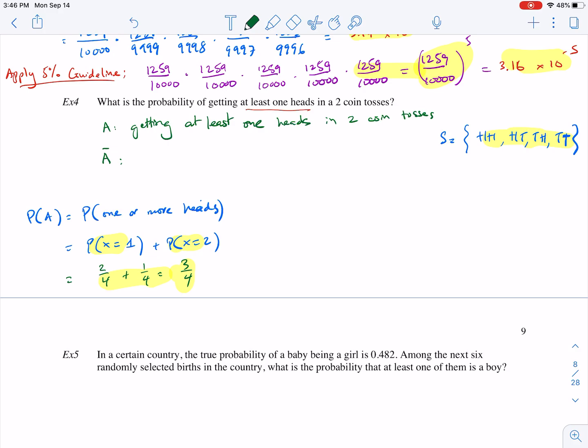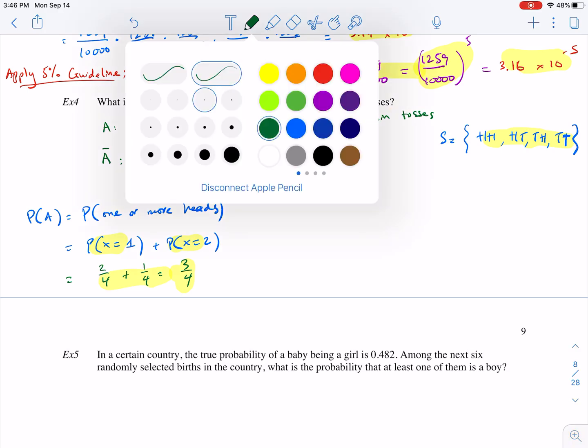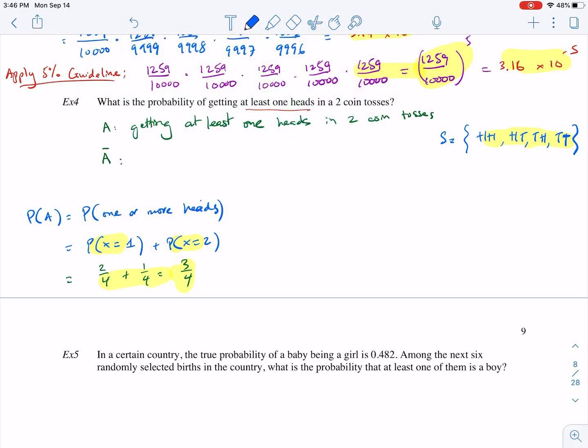Now, if we use the complement rule for probability, this is what we're going to do. Let A be this event, then let's define the complement event of A. What would be the opposite of getting at least 1 heads out of 2 coin tosses? Well, that means getting less than 1 head out of 2 tosses. What does that mean, getting less than 1 heads? That means it's 0 heads.